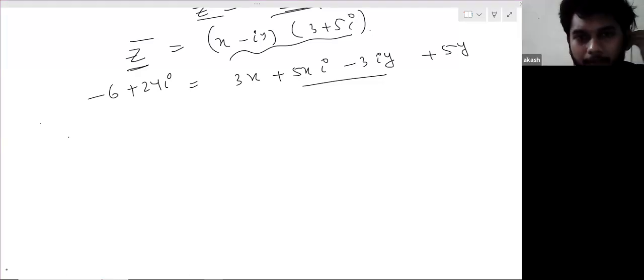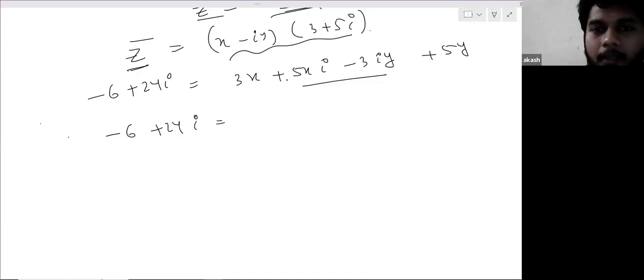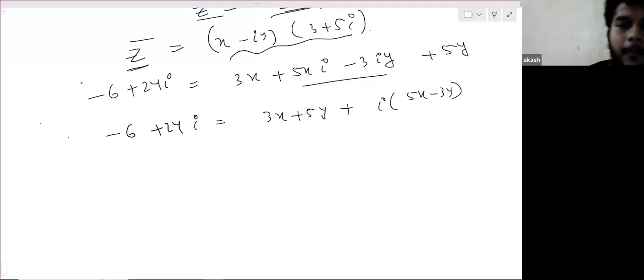So what we can do is, this is minus 6 plus 24i. We can write the i terms together and the real part together. This is 3x plus 5y plus, if I take i common, then this is 5x minus 3y, right?